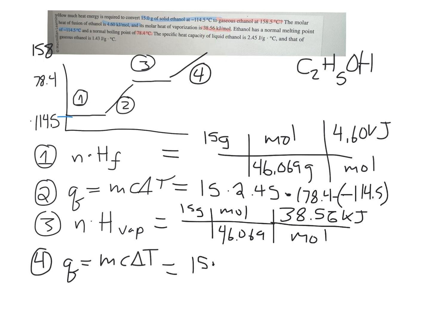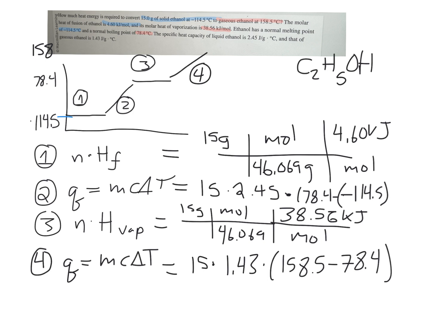And so leg 4 of this problem, I am taking that ethanol that has been evaporated at 78.4 degrees Celsius, and I am now heating it up. So I'm taking another Q equals mass times specific heat times change in temperature: 15 grams of ethanol at a specific heat of 1.43, because it's gaseous ethanol, times that change in temperature.